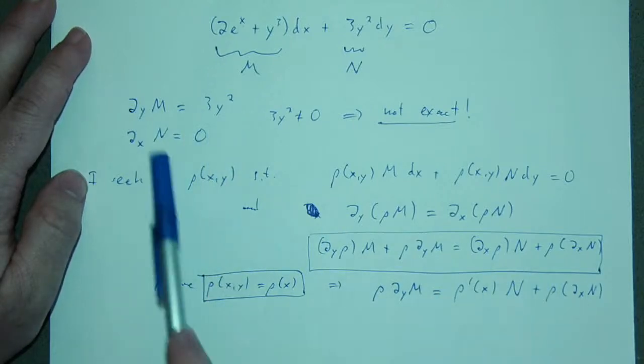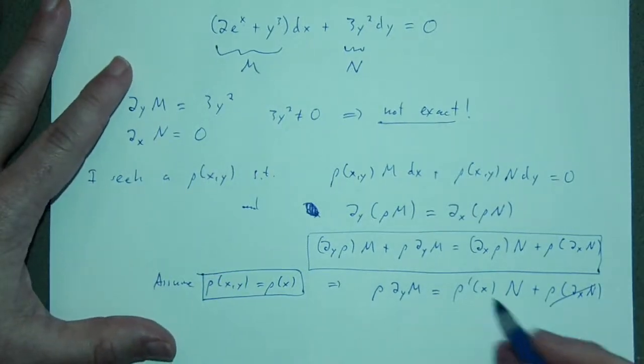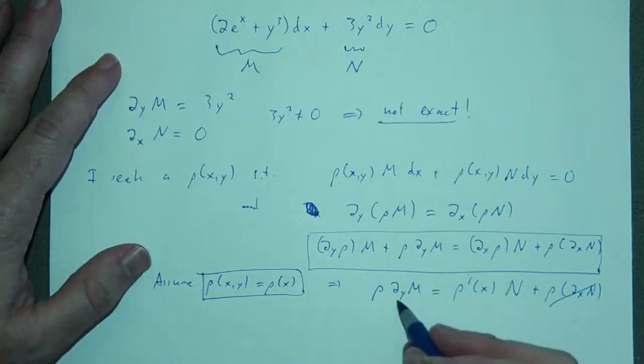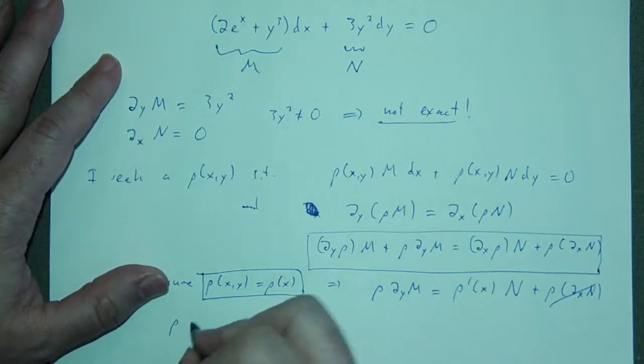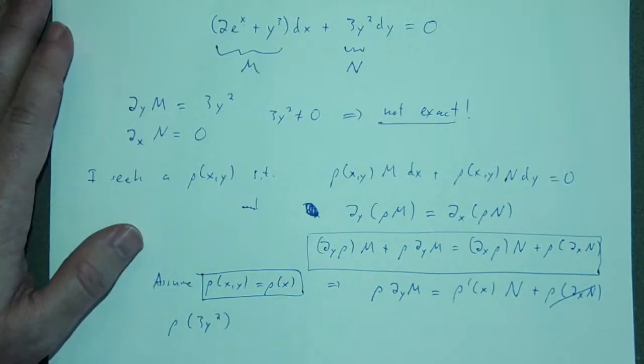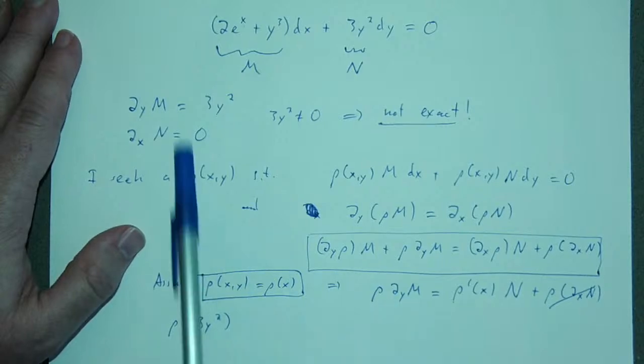So that goes here. The x partial of n is 0, so this term goes away. And so what I am left with is the equation rho times 3y squared, which is the y partial of m.